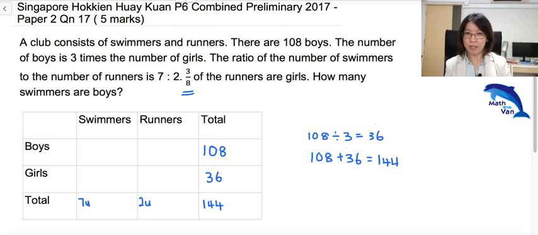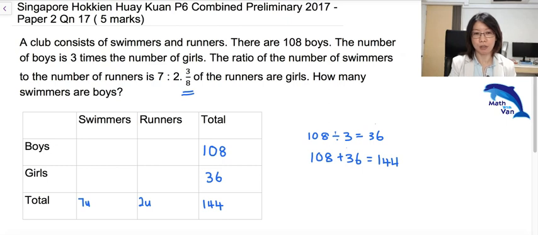The number of runners must be split into 8 parts as well. To make these two numbers happy, as I always say, make use of their lowest common multiple. And what is the lowest common multiple of 2 and 8? 8, is that right?